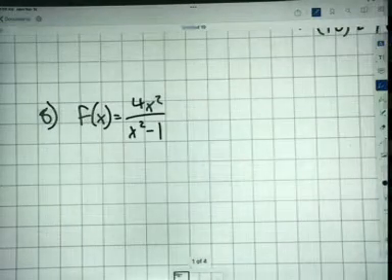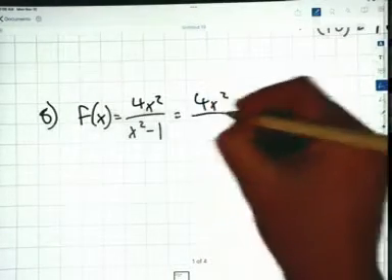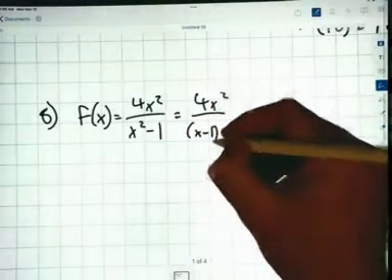Okay, so we have a rational function. I'm going to go ahead and consider factoring this.